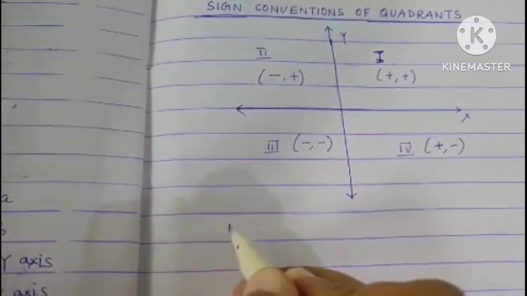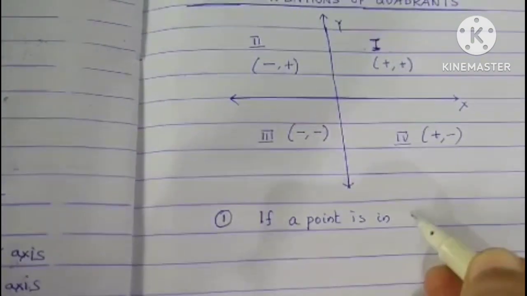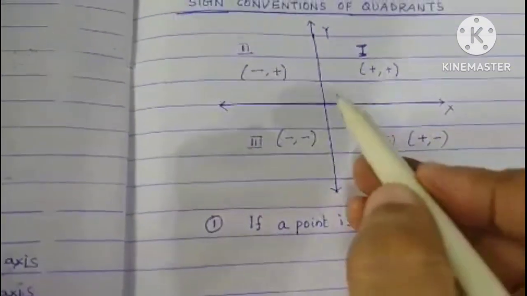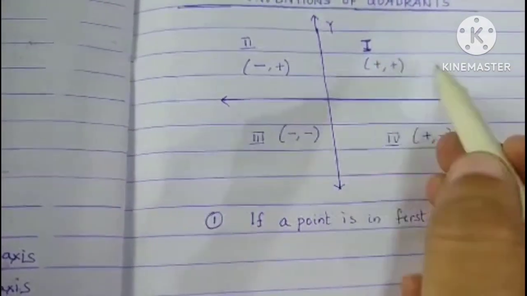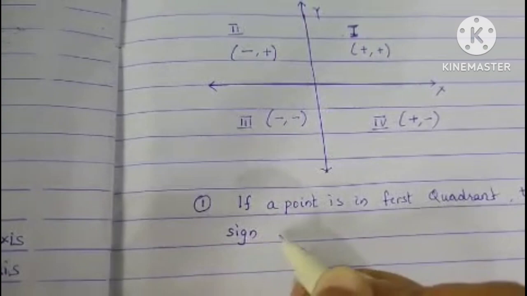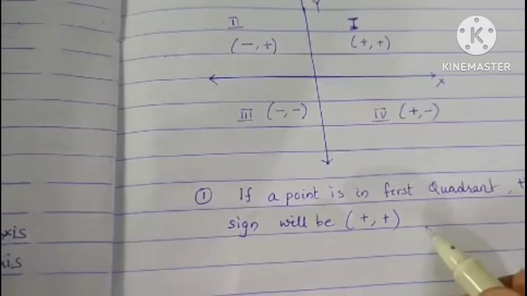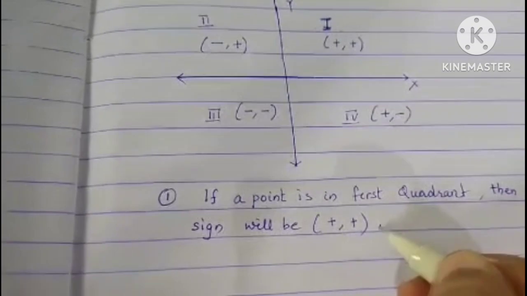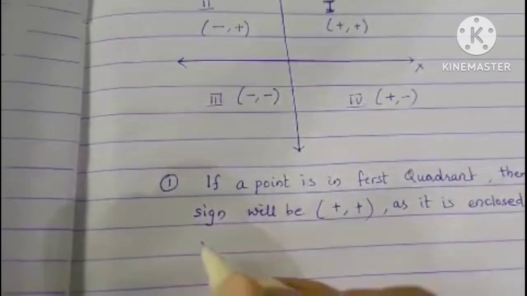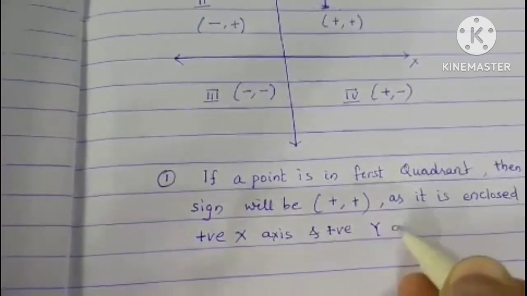So how do we write it? First of all, if a point is in the first quadrant, meaning the point is here, then its sign will be plus plus, because it is enclosed by the positive x axis and positive y axis.